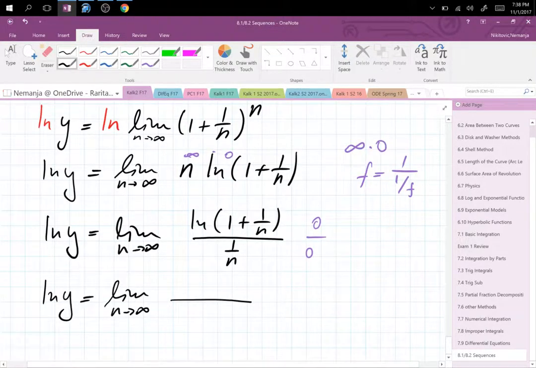The derivative in the denominator is much easier than the one on the numerator, so I'm just going to do that one first. It's negative 1 divided by n squared. And now the derivative up there. Remember, for ln, you write the argument as is, and then you put the derivative up, which is negative 1 over n squared.